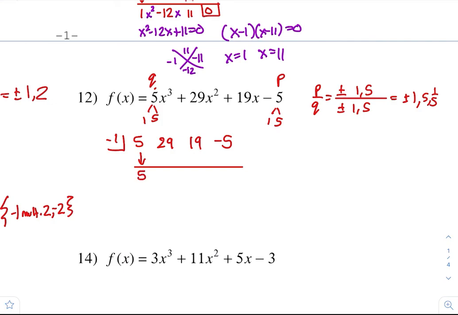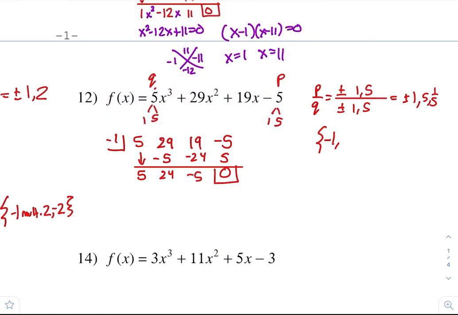So drop down the 5. 5 times negative 1, negative 5, add those together, 24. 24 times negative 1 is negative 24. Negative 24 plus 19, negative 5. Negative 5 times negative 1 is 5. And what do you know, we found another one. That was a zero, so I'm going to lock it in. Negative 1 was a zero.